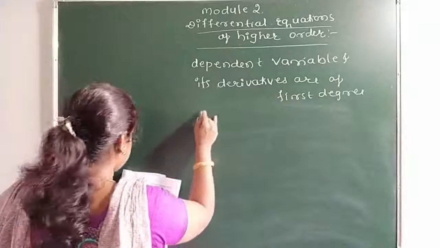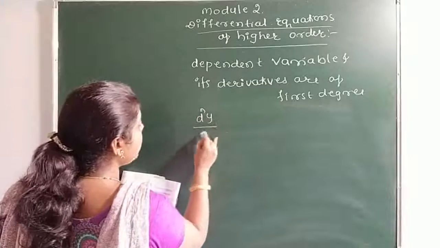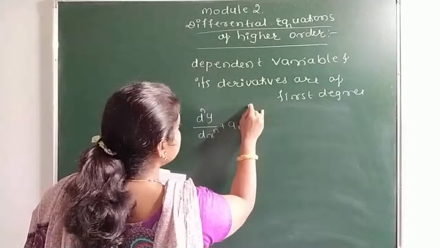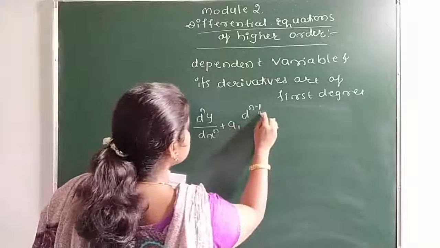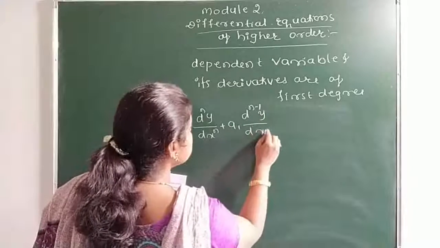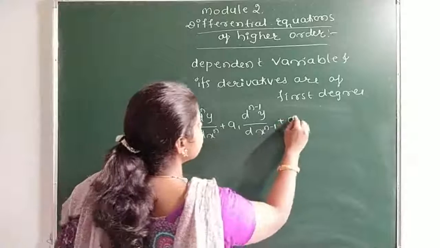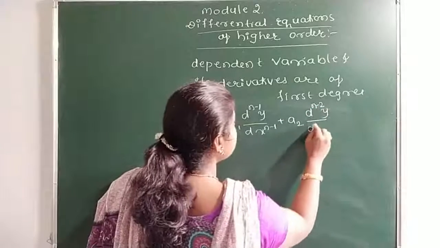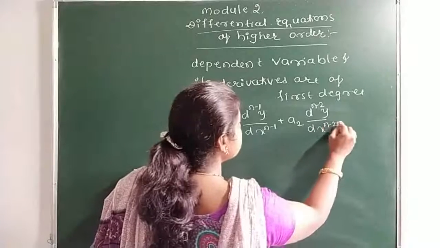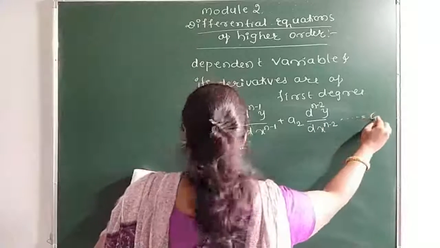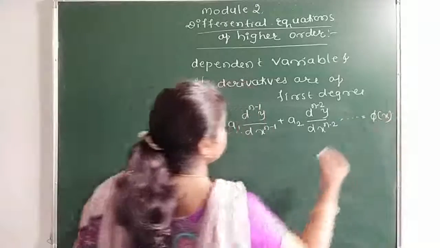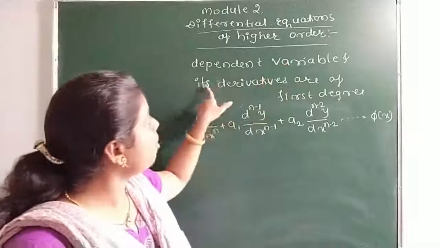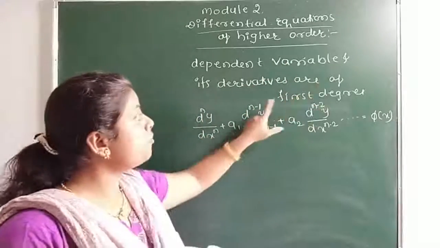Meaning d^n y/dx^n + a1 d^(n-1) y/dx^(n-1) + a2 d^(n-2) y/dx^(n-2) and so on, is equal to φ(x). Here x is the independent variable, and the derivatives are of first degree.